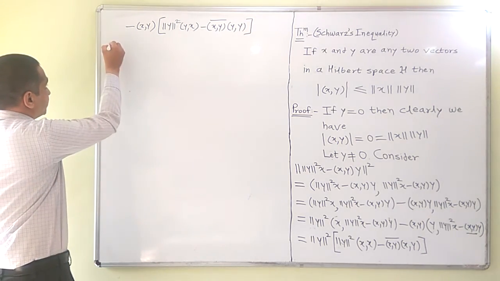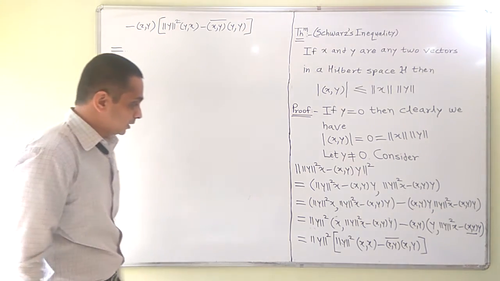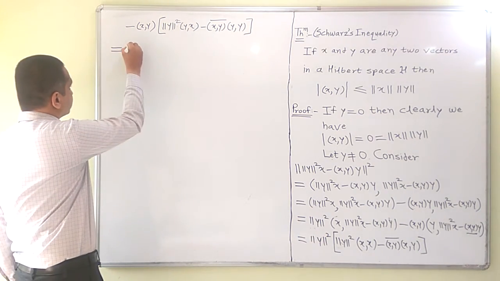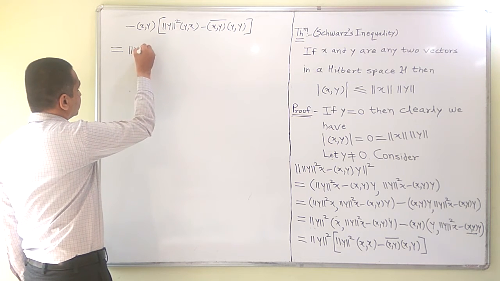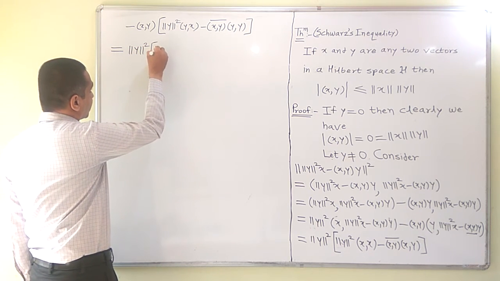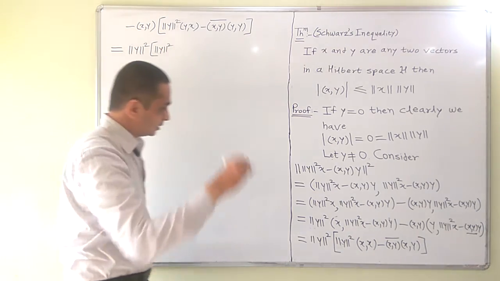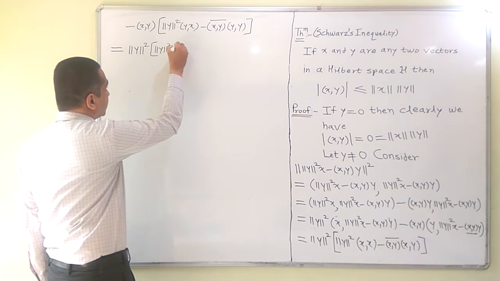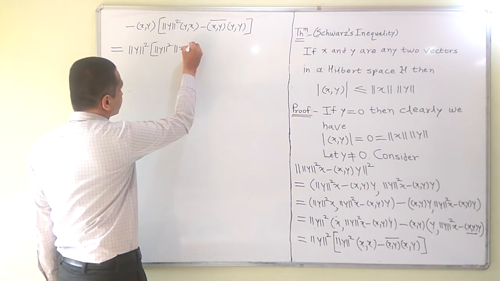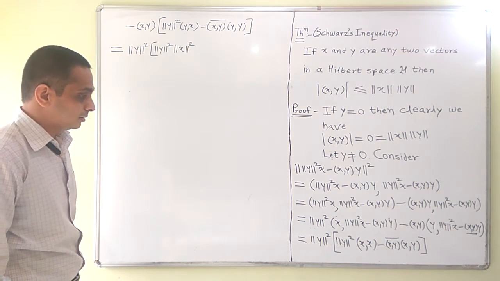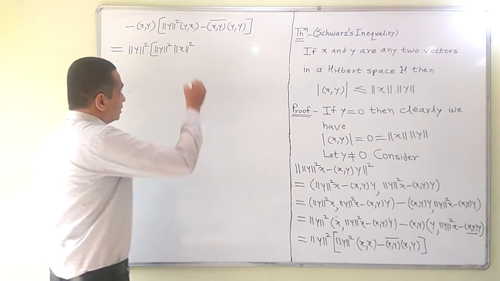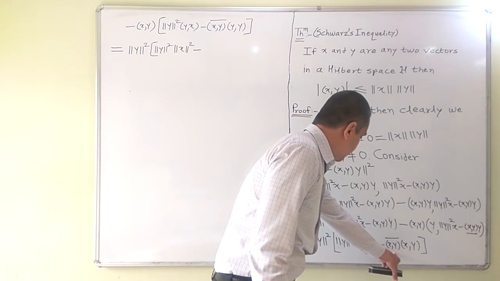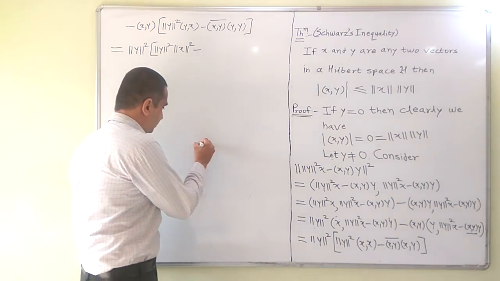The next step in simplification is this. So norm y square I keep as it is, in bracket again norm y square, and inner product of x with itself will be equal to norm x square, minus, this is a complex number, so z conjugate z.